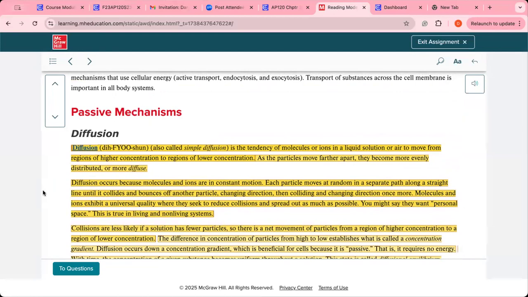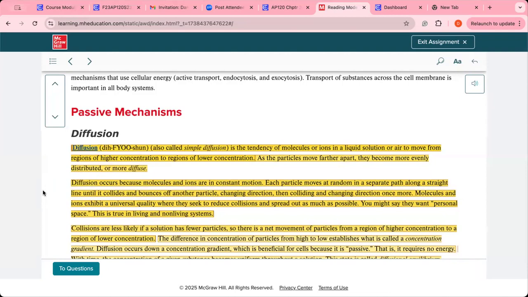Molecules and ions exhibit a universal quality where they seek to reduce collisions and spread out as much as possible. You might say they want personal space. This is true in living and non-living organisms. Collisions are less likely if a solution has fewer particles. So there's a net movement of particles from a region of higher concentration to a region of lower concentration.